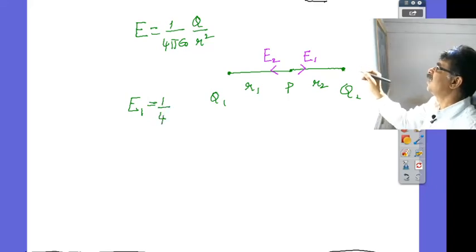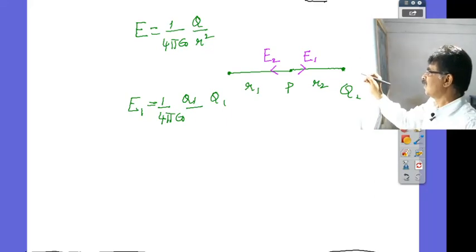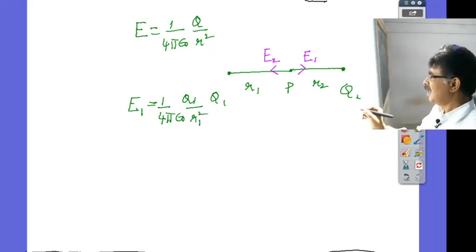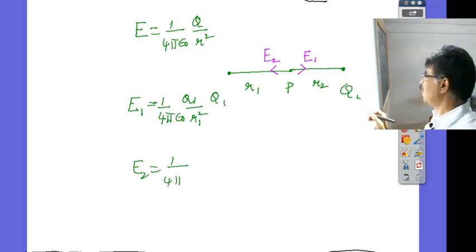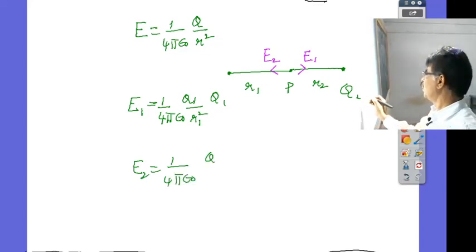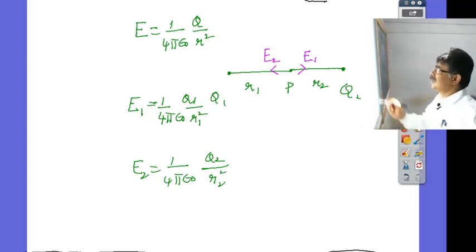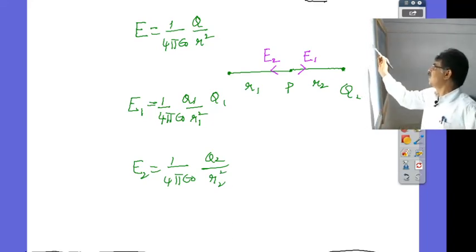E1 is equal to 1 by 4 pi epsilon naught into Q1 by R1 square, and E2 is equal to 1 by 4 pi epsilon naught into Q2 by R2 square. This is the magnitude of the electric field because of these two charges.